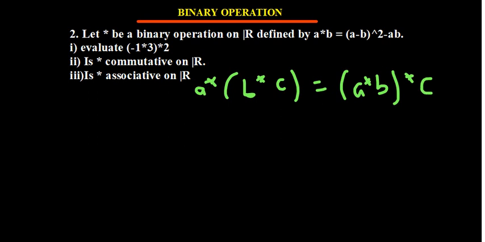So this is when it is said to be associative, meaning that it doesn't matter which one you consider to be in brackets, provided it is being acted on three different members, the solution is going to be the same.